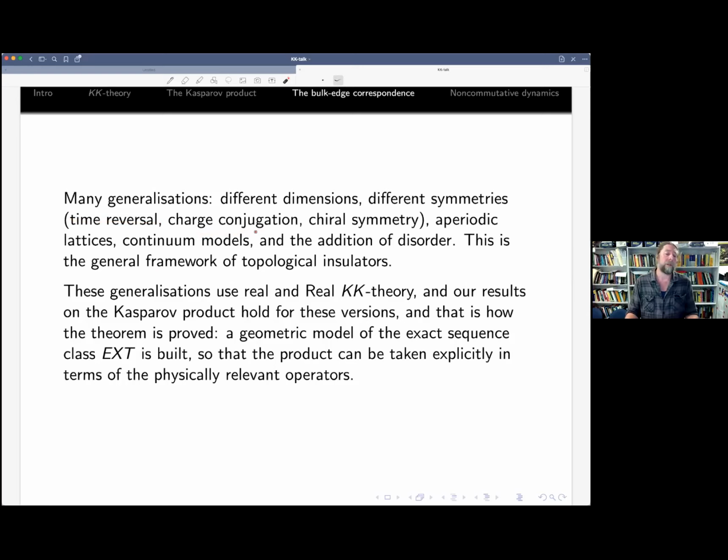And the versions of the bulk edge that we have in the complex case go through in the same way. You find a geometric model for the extension class. You can take the product explicitly, and then you're using associativity of the Kasparov product to relate the bulk to the edge. All right, that's pretty much all I wanted to say about that, because otherwise we'll be here all night.